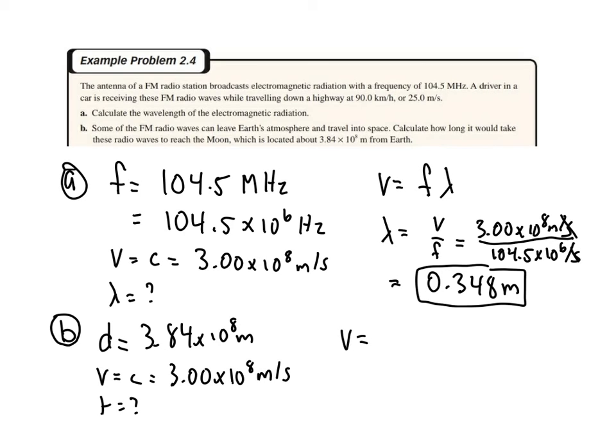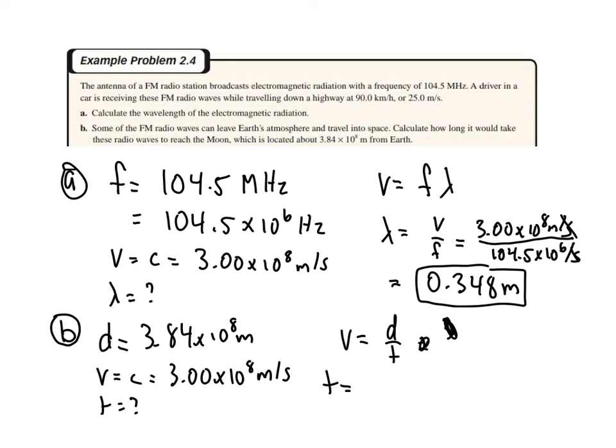And so we know our formula is V is equal to D over T. We need to solve for T here.